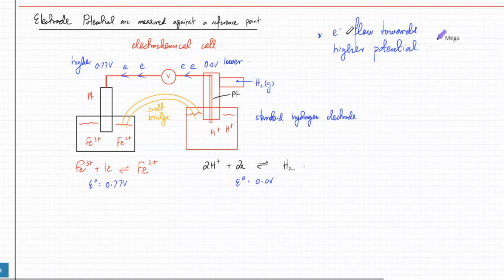Now the other thing is that previously this was an equilibrium reaction. Now what do you think happens when electrons start flowing in this direction? This electrode is going to get a lot of electrons. So focus on the equation.